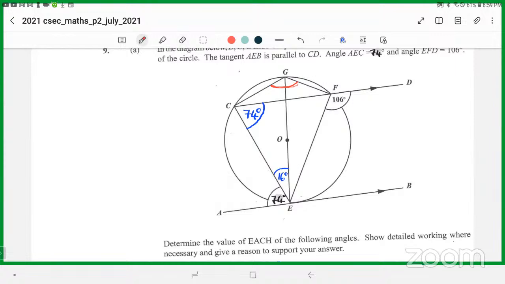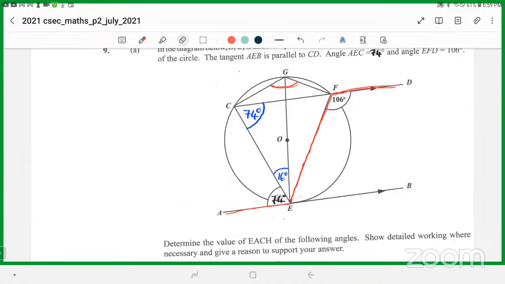Now, I can use this Z and say the total angle over here is 106, and this piece is 74. So the angle inside here has to be 106 minus 74.